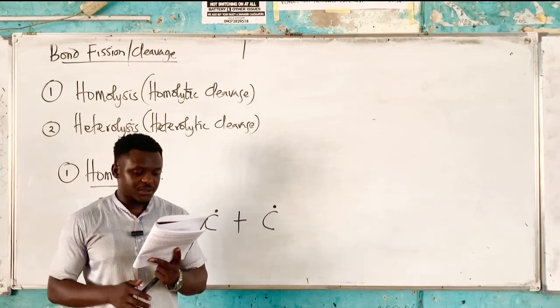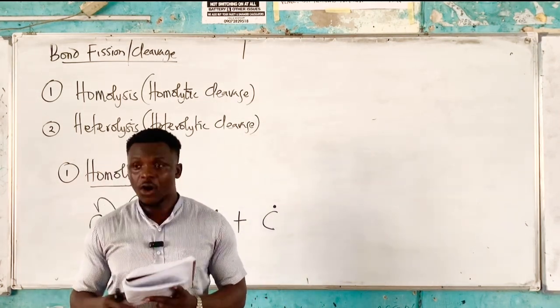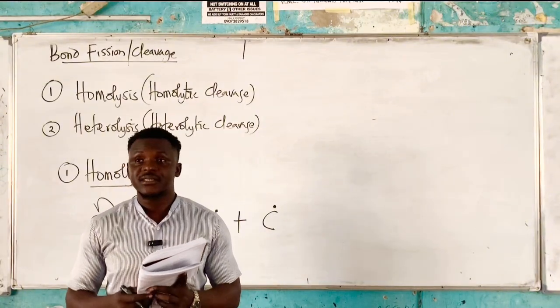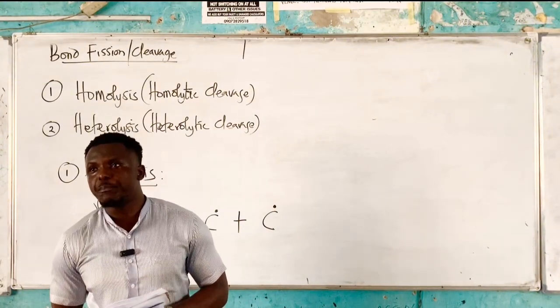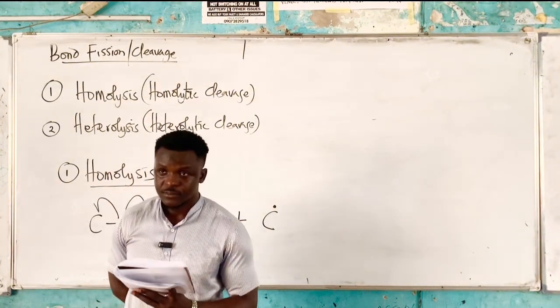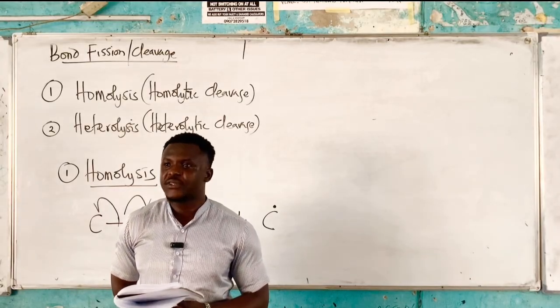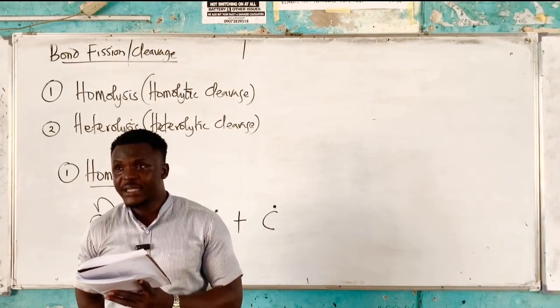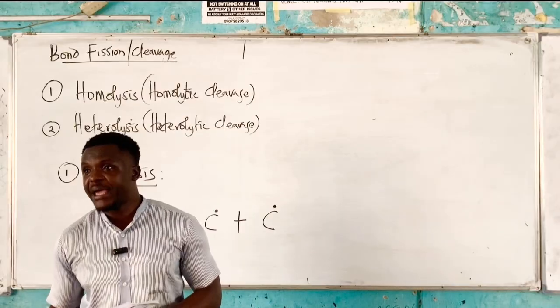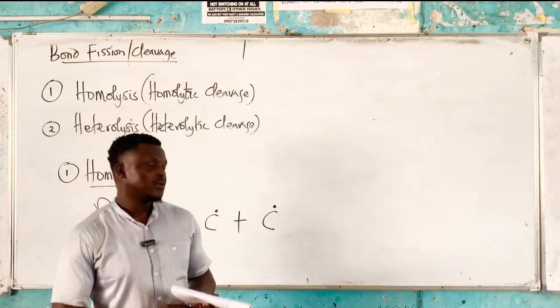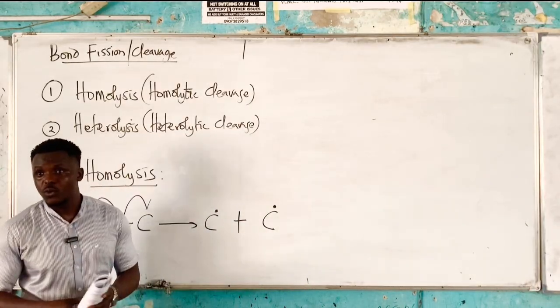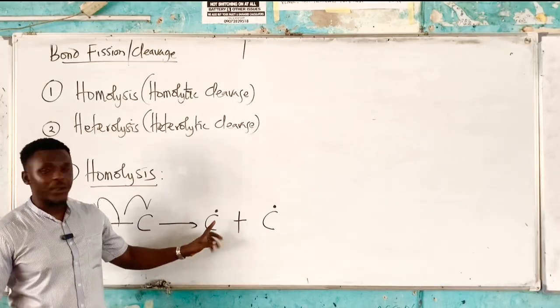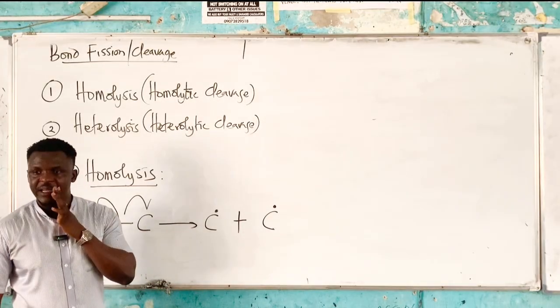Please put down. Free radicals are atoms or species with a single unpaired electron. Like what we have here are free radicals.